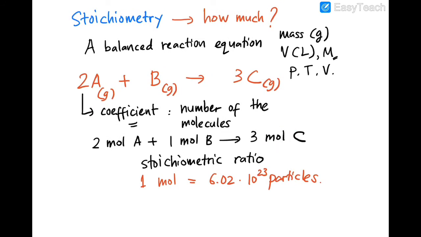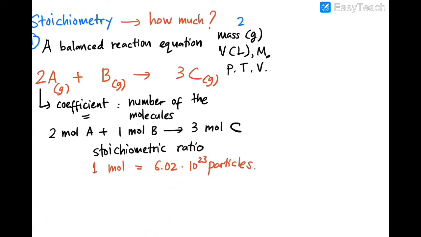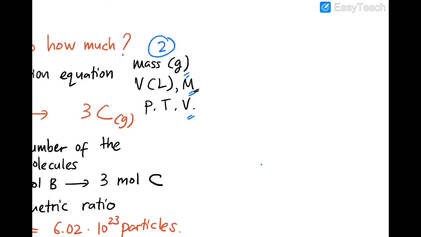So, to sum up, the first thing you need to be able to do to master this chapter is balance a chemical reaction equation. And the second is to convert units like mass, volume, pressure, temperature, depending on the phase of the molecules or elements you are working with, into moles and back.